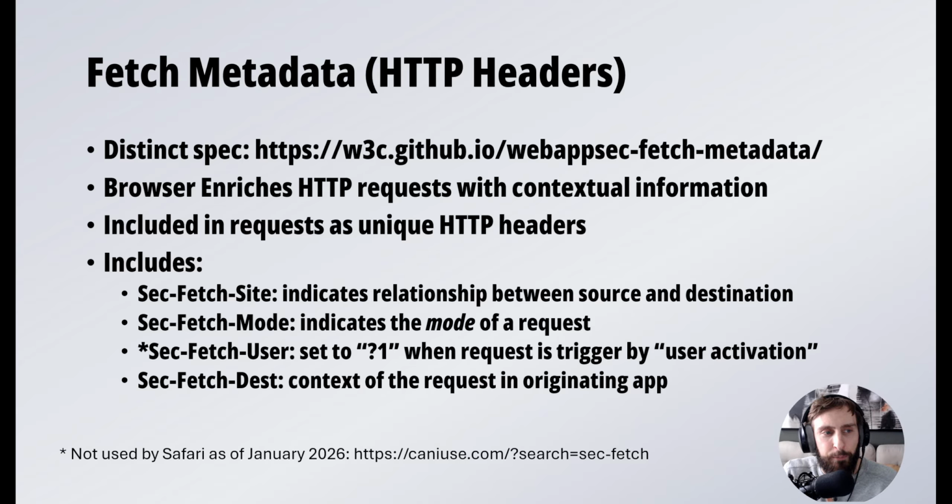It is not defined in the fetch specification, I don't think. I can't remember what all the references to it are, but there is a separate specification that you can read about in that first link. And as I mentioned, the browser enriches HTTP requests with this contextual information. It was kind of interesting being a security tester for so long. This is one of those features that when I first started didn't exist, and then one day you start seeing all the browser requests that include this data.